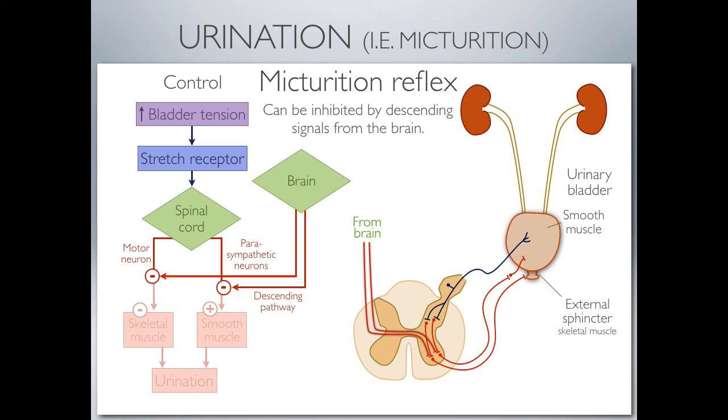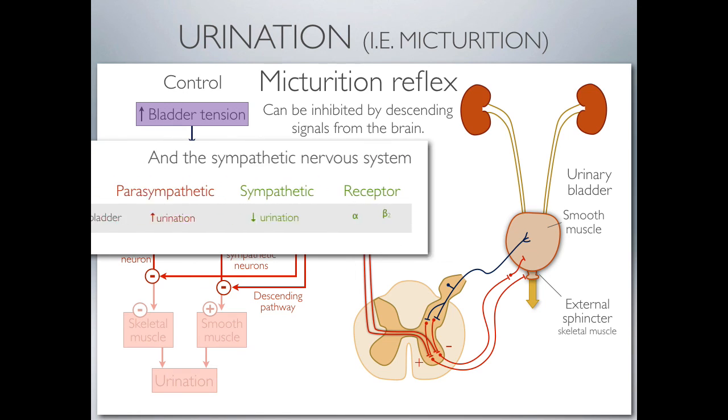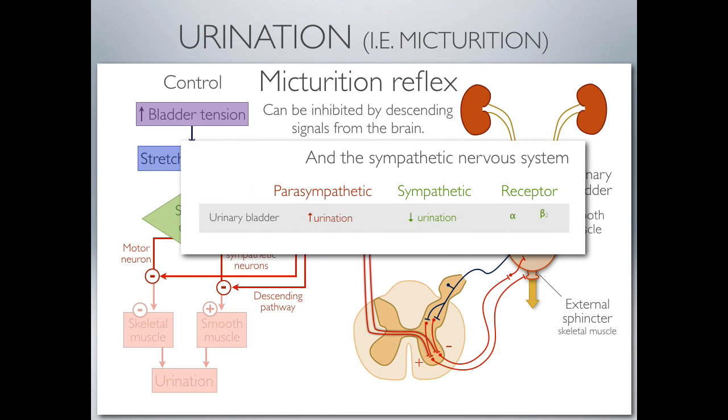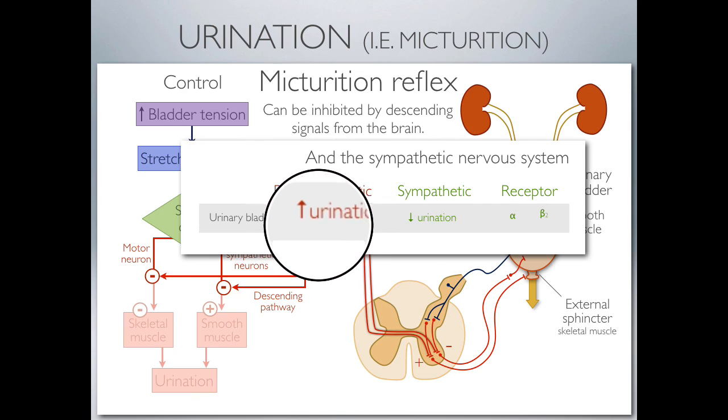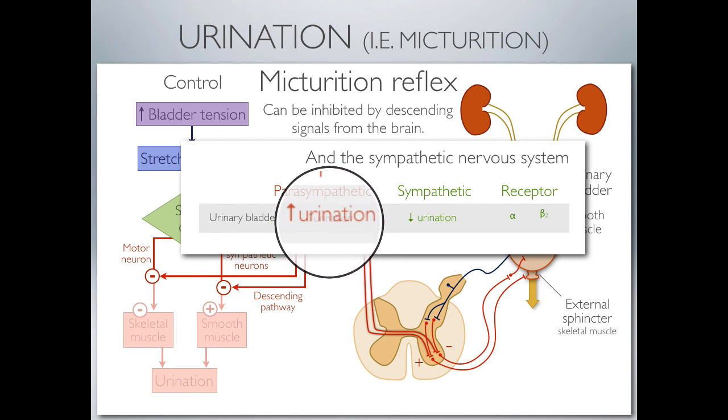And there are also sympathetic inputs to this reflex. We touched on that when we laid out that table. For the urinary bladder, we just talked about how the parasympathetic pathway enhances urination. The smooth muscle walls of the urinary bladder also have alpha and beta 2 receptors.